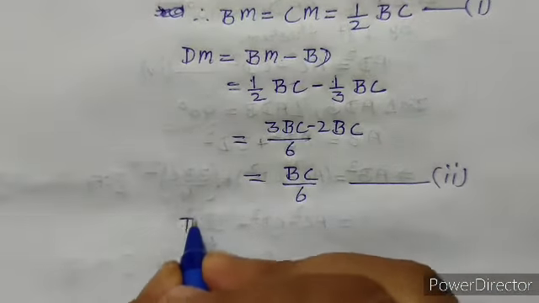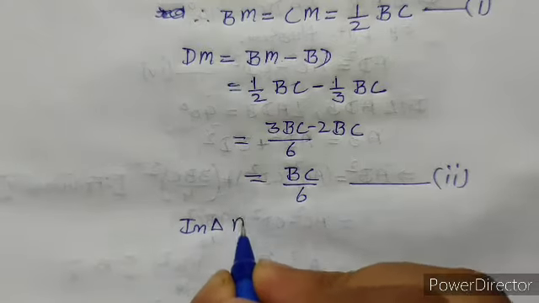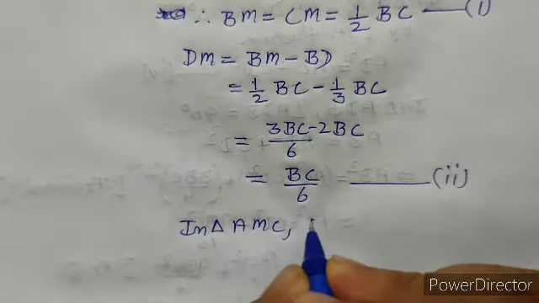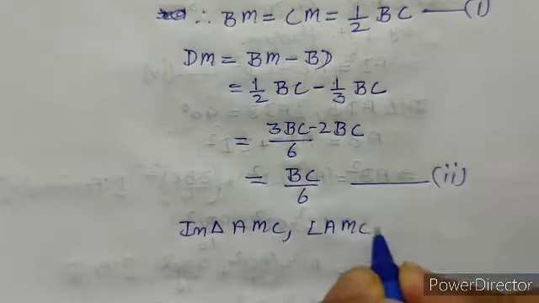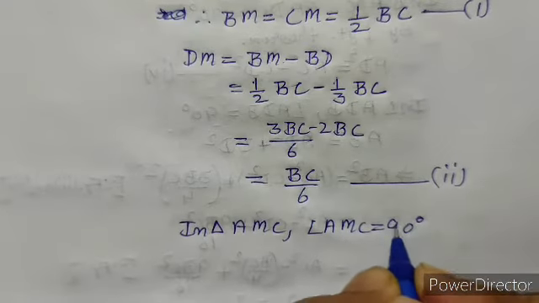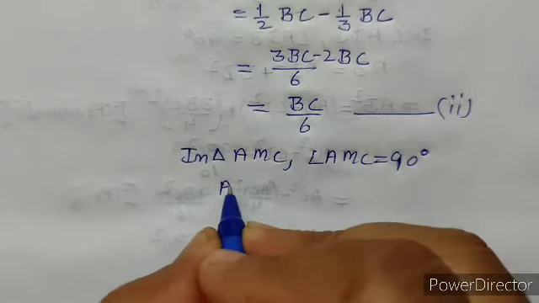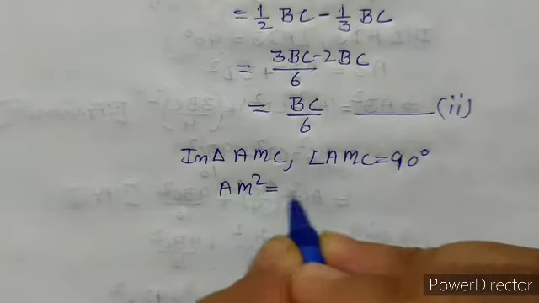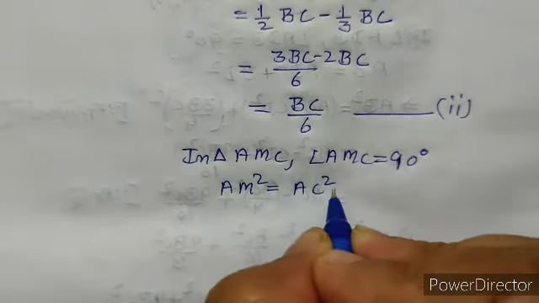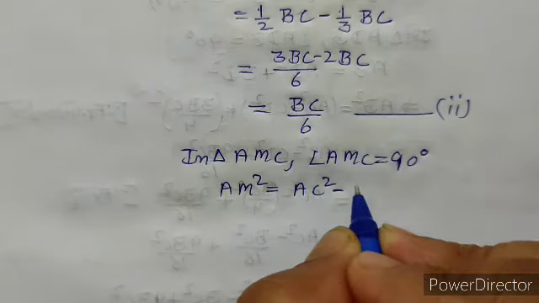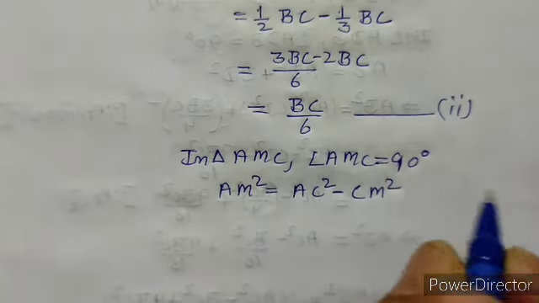Now in triangle AMC, angle AMC is of 90 degree. That means by Pythagoras theorem we can say that AM square will be equal to AC square minus CM square.